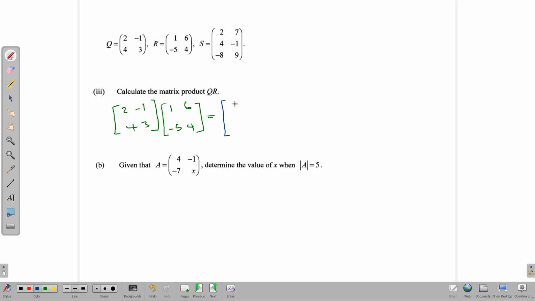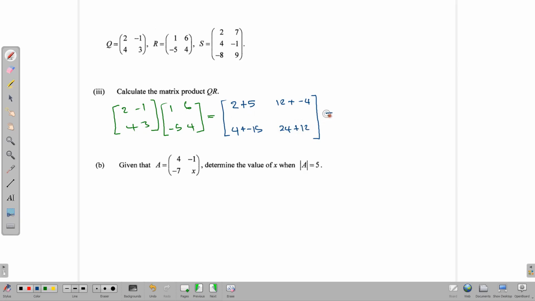So we have 2 times 1, that's 2, plus, and it's always plus, -1 times -5, that's 5. Then we have this row times this column, 2 times 6, that's 12, plus -1 times 4, that's -4. Next we go to the second row, 4 times 1, that's 4, plus 3 times -5, that's -15. And this row now times this column, first to first, second to second, 4 times 6 is 24, plus 3 times 4 gives us 12.